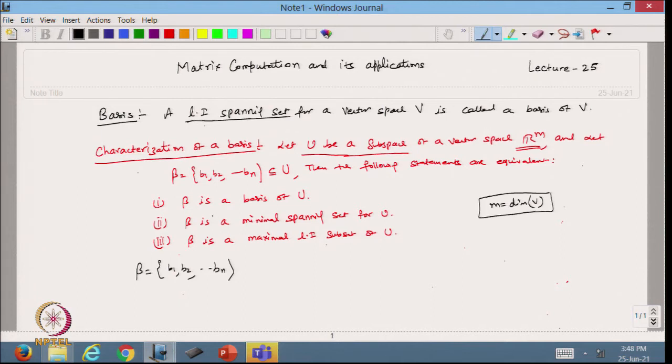Now, if I say that beta is a basis of V, it implies that the set beta is linearly independent because these are the basis, and U is spanned by beta, or I can say that it is spanned by the vectors B1, B2 up to Bn. So, then it becomes the basis.